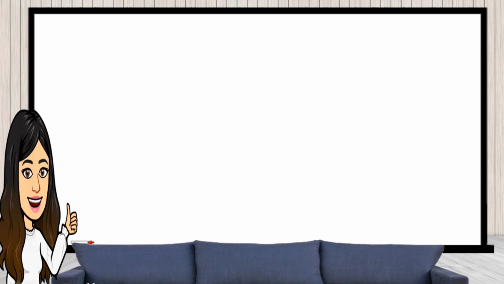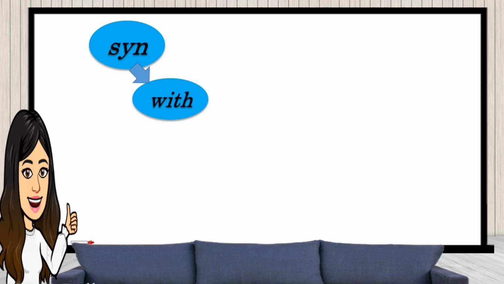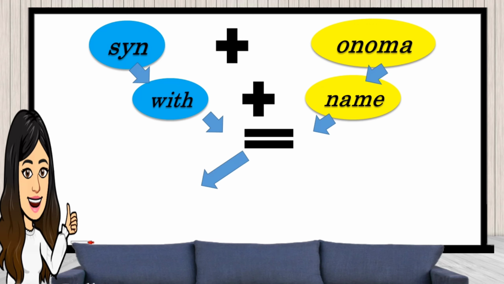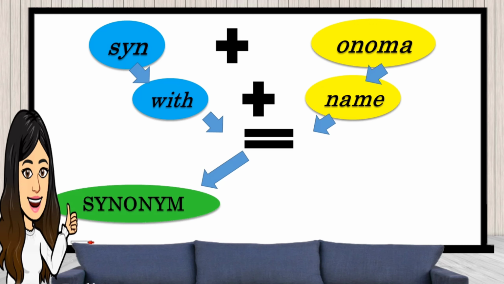The term synonym comes from a combination of the ancient Greek syn, meaning with, and onoma, meaning name. A synonym is a word that has the same or nearly the same meaning as another word. When words or phrases have the same meaning, we say that they are synonymous with each other.